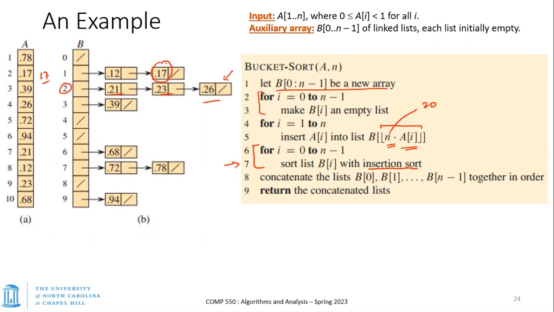And on average, strictly speaking, the number of numbers in each bucket is going to be 1, simply because some of them will be 0 and others will have more than 1. But on average, the expected number of numbers is going to be small, and so you can use something like insertion sort, which is good for a small set of numbers.